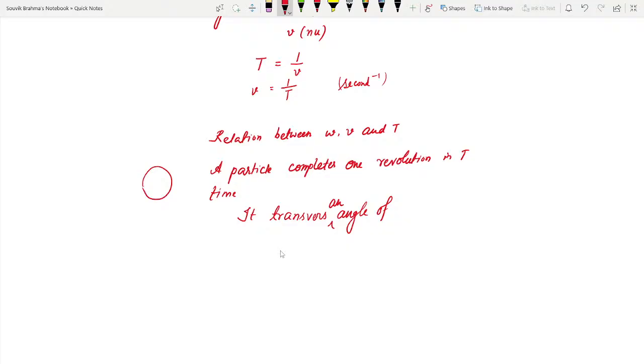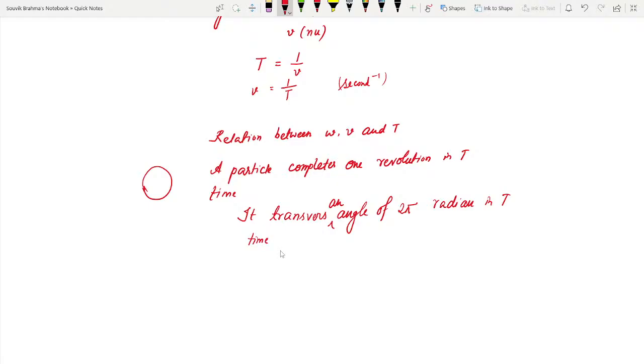What will be the angle? 2 pi angle. So it traverses an angle of 2 pi radian in capital T time.